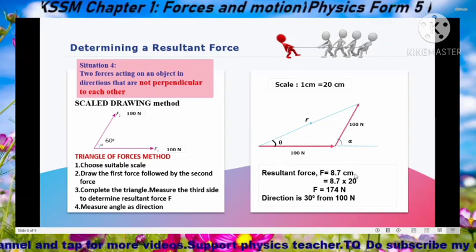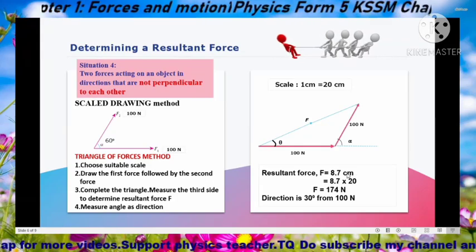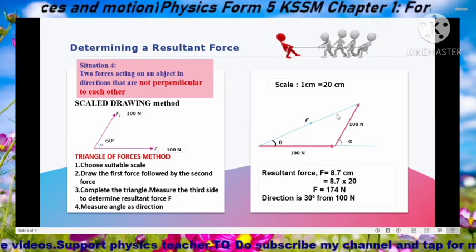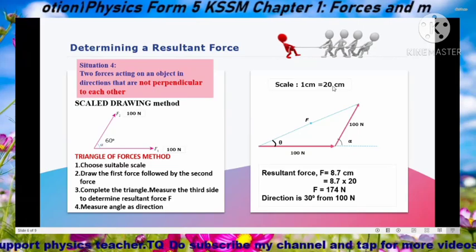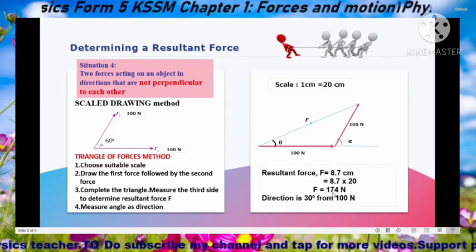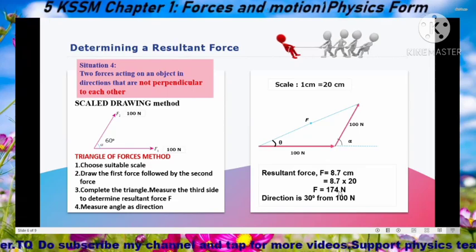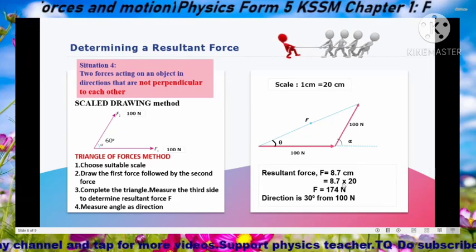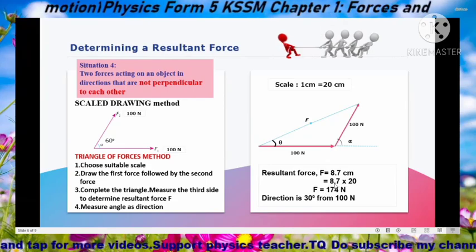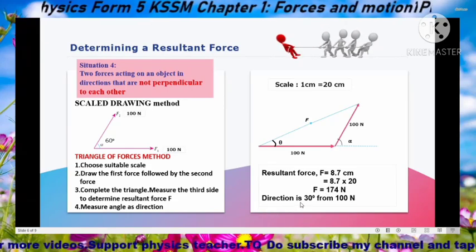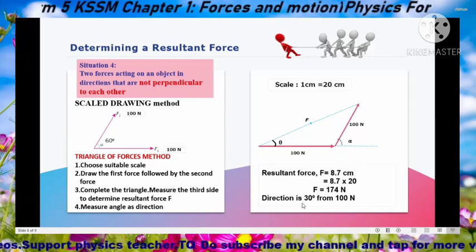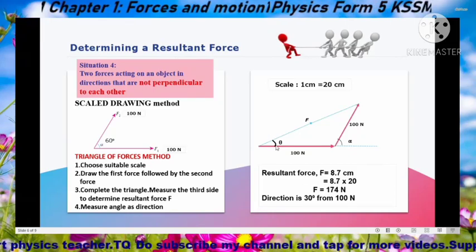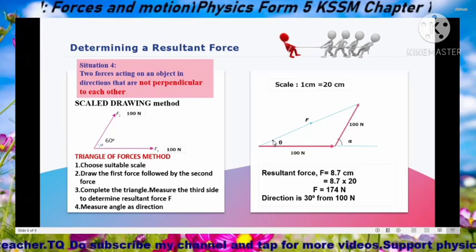So this is not yet the answer. So 8.7 centimeter multiplied by 20 N per cm, so you will get 174 Newton. This is the magnitude, atau nilai dia. Direction, how to get direction? Use protractor, measure angle theta.